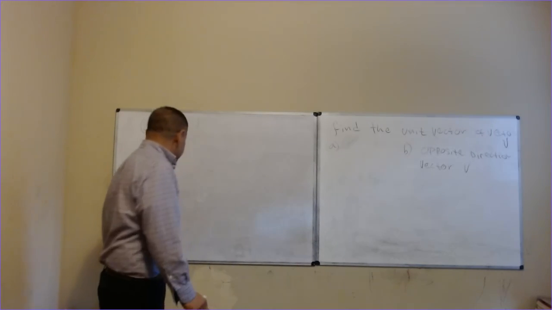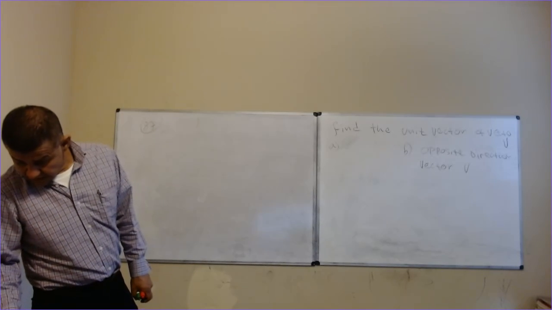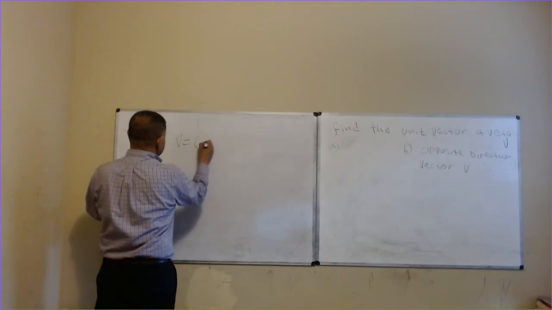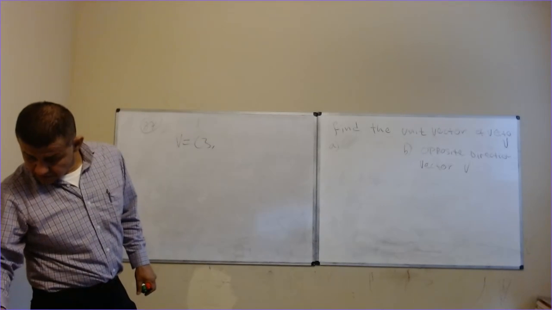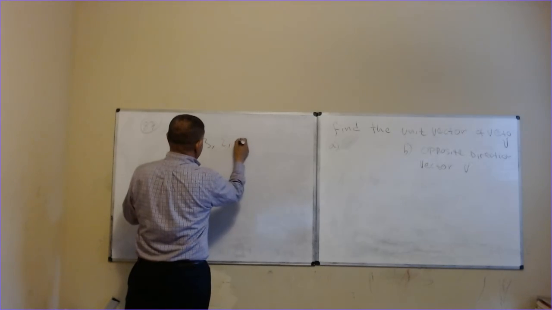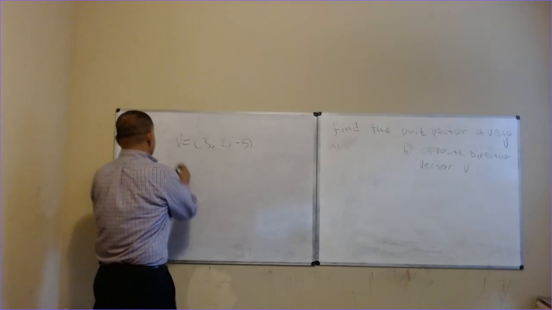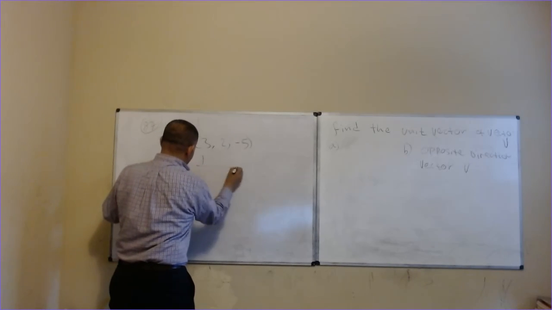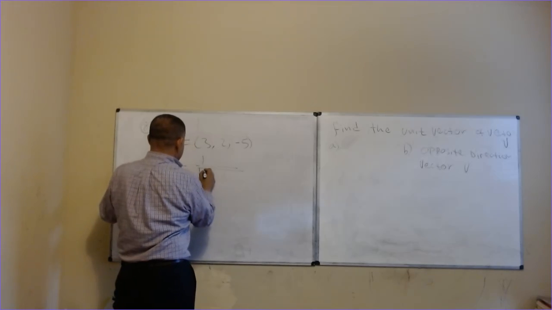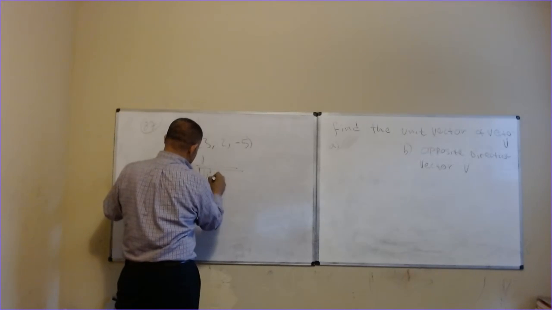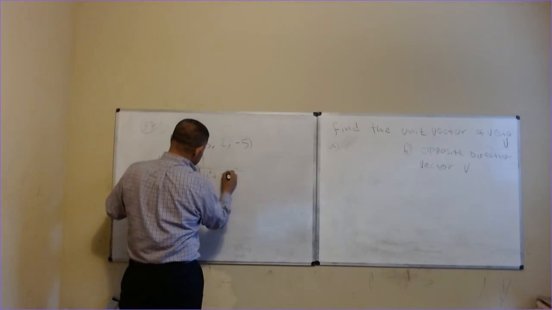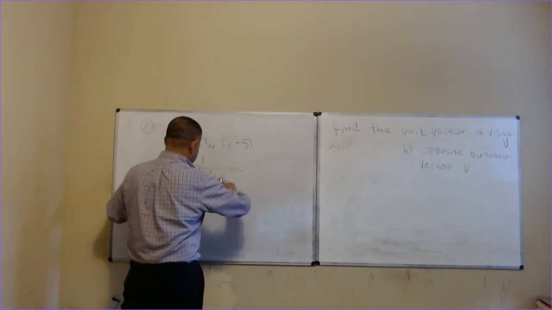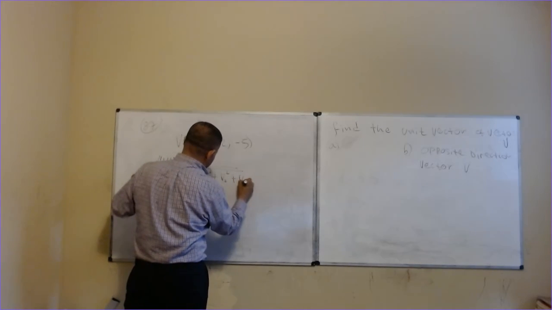Okay, so in this case, v is equal to 3 comma 2 comma -5. So now the magnitude of that is equal to 1 over the square root of, again, v1 squared plus v2 squared plus v3 squared.